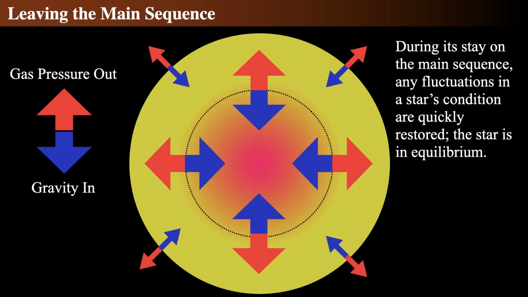But when it starts to run out, that's what we call leaving the main sequence. Because on the main sequence, there are two things that are always in balance. One, there's a gravitational pull that's pulling the star together, and it's balanced by the outward pressure because of the heat from the center. So we've got to remember the balance now. If it heats up a little bit, the star will expand.